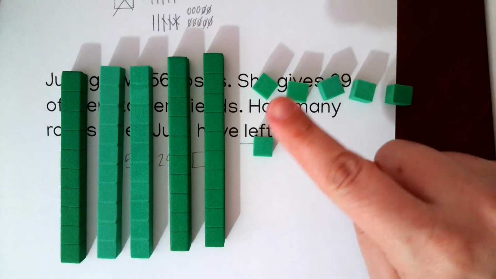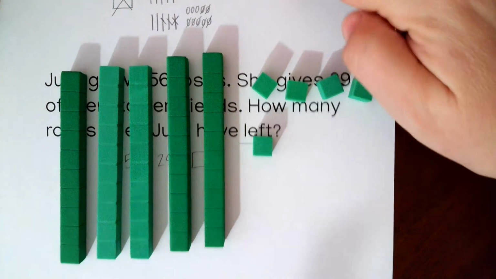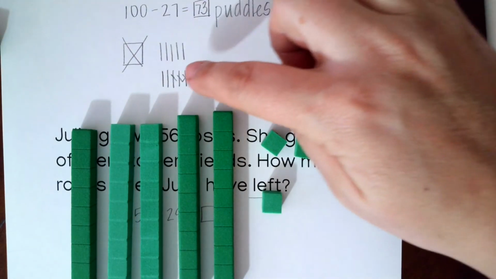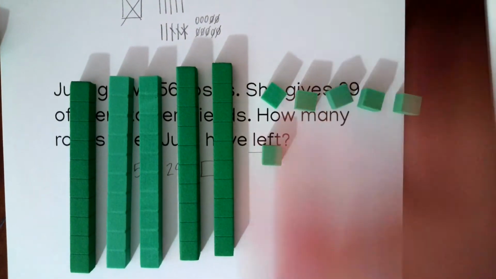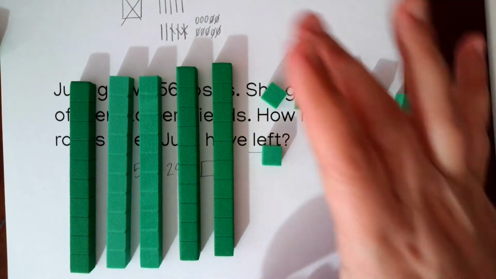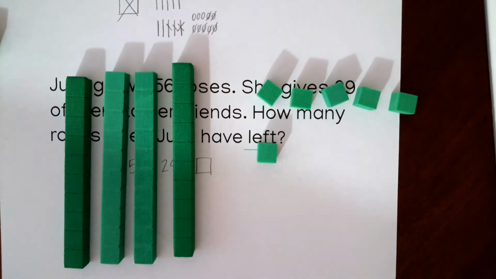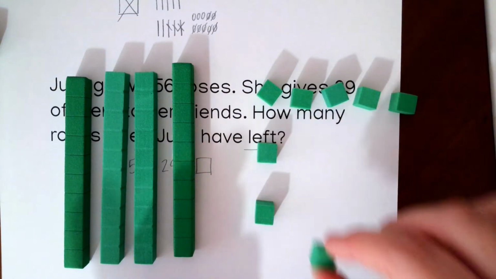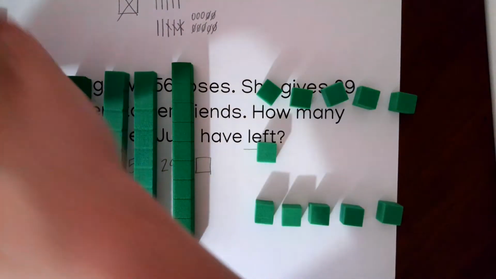I need some more ones, right? When I did my problem with 100, I exchanged a 10 for some ones. Do you think I could do that here? Let's see what happens if I take one of my 10s and exchange it for 10 new ones.